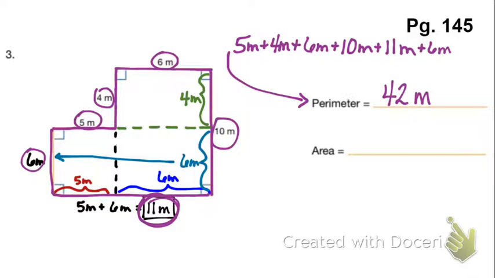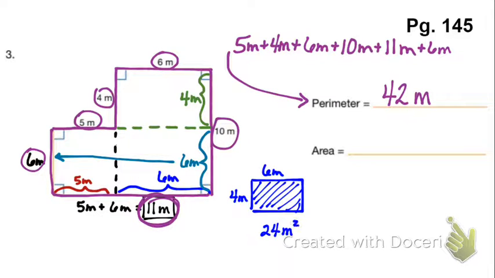Top one and the bottom one. So tell me about the dimensions of the top one. 6 and then 4. So what's the area on the inside? 24 meters squared. And then we've got the bottom one, which is much longer.